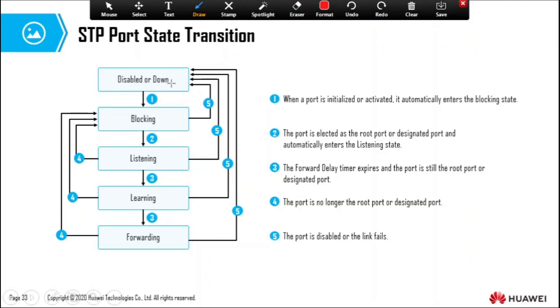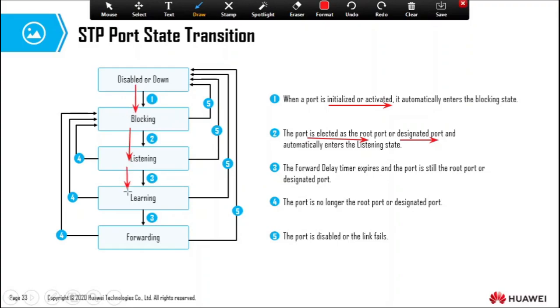So for example, you can transition from disabled to down, and then to blocking, when we configure STP initially. Then you can transition from blocking to listening when the port is elected as either a root port or a designated port.